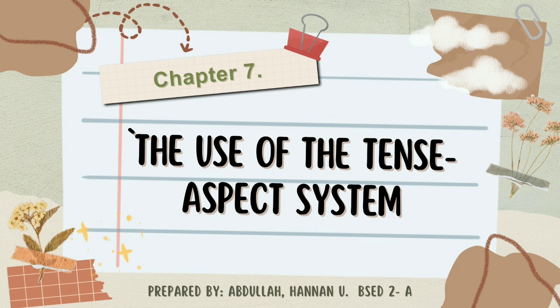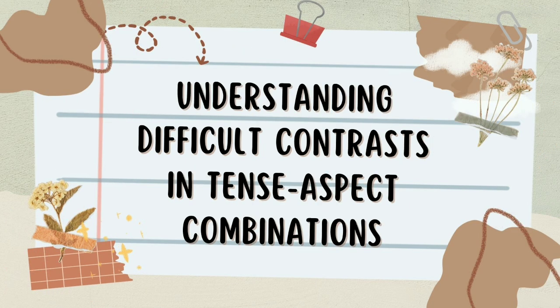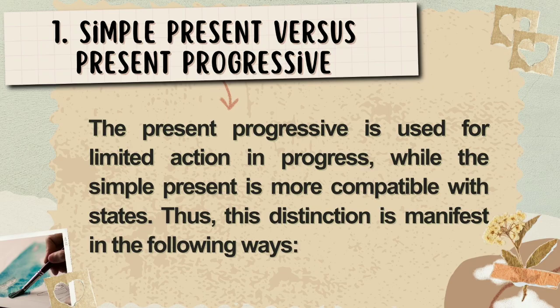So, now I will discuss understanding difficult constructs and tense aspect combinations. We have 8 constructs and tense aspect combinations. The first one here is simple present versus present progressive.